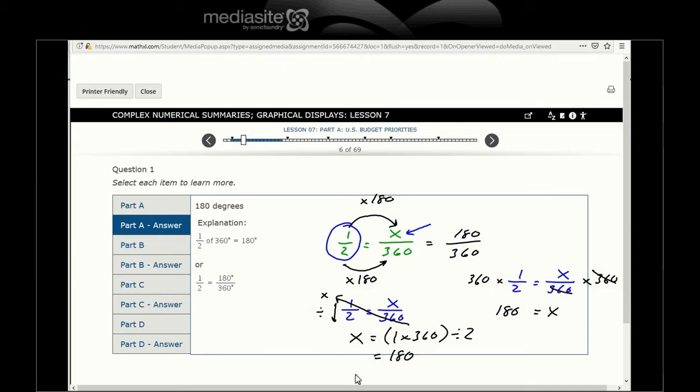So I showed you three methods. Look at the equivalent numbers, 2 times 180, 1 times 180. Do some simple algebra: cross multiply on the diagonals where we have numbers, and divide by the leftover, which gets 180. Or get x by itself, so I multiply by 360 to cancel out the denominator, and of course multiply the other side by 360. We end up multiplying these two, and again we get 180.